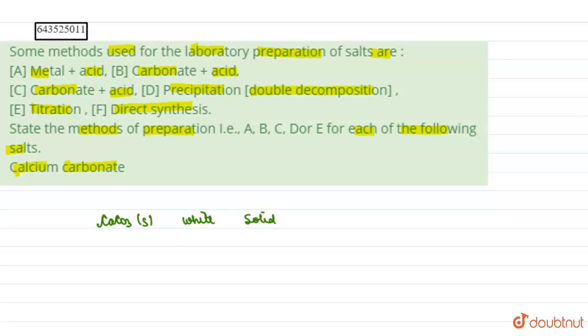Okay, and it is basically prepared in the lab by reacting sodium carbonate with calcium chloride such that we get a precipitate of calcium carbonate plus we get NaCl.